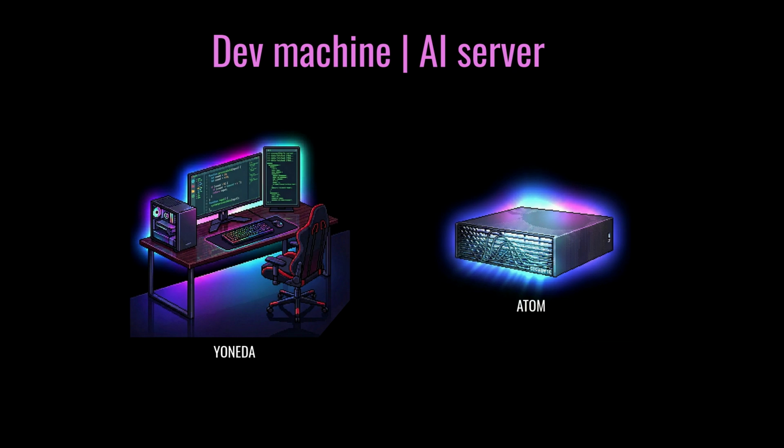It's just running the servers and the models that we want to play around with. And I do all my benchmarking, experimentation, and workbench work on Yoneda. If you're following along and you don't have a separate machine, you could easily do this on the same machine with a Docker container for your AI server.